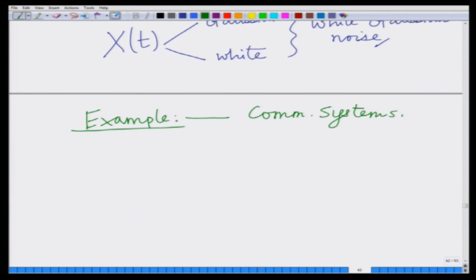That is, what happens when we process white noise, or when we filter it, when we pass it through a filter? What happens when we process noise?